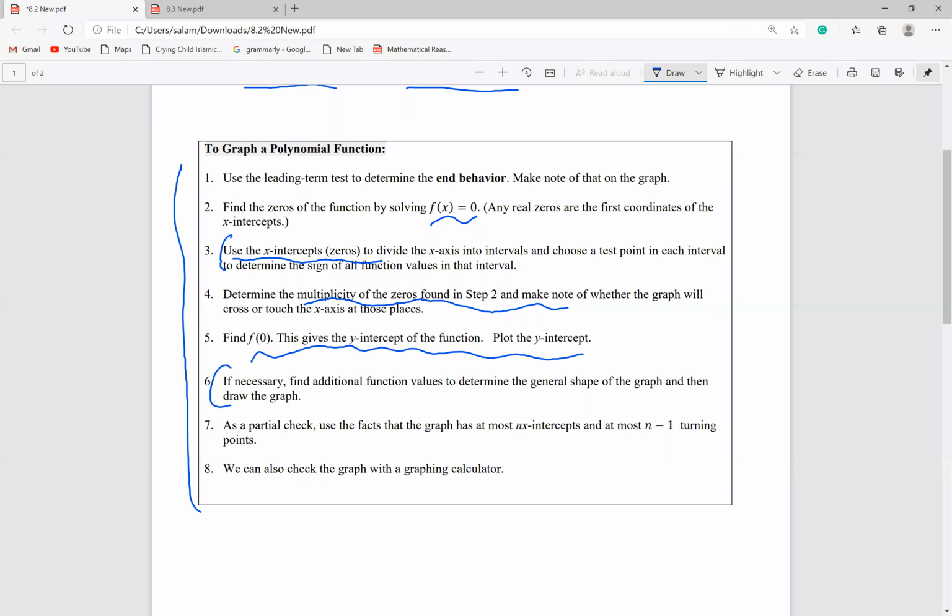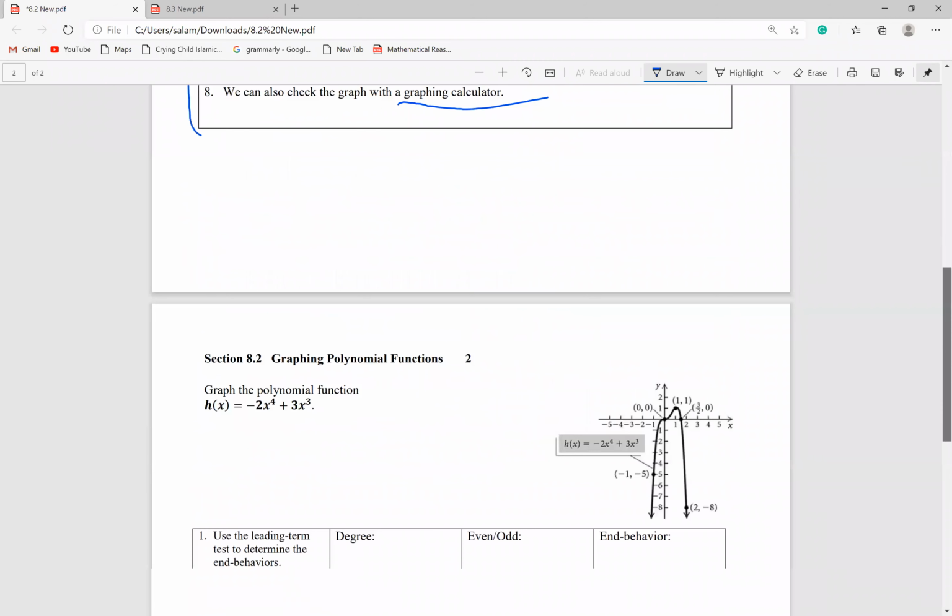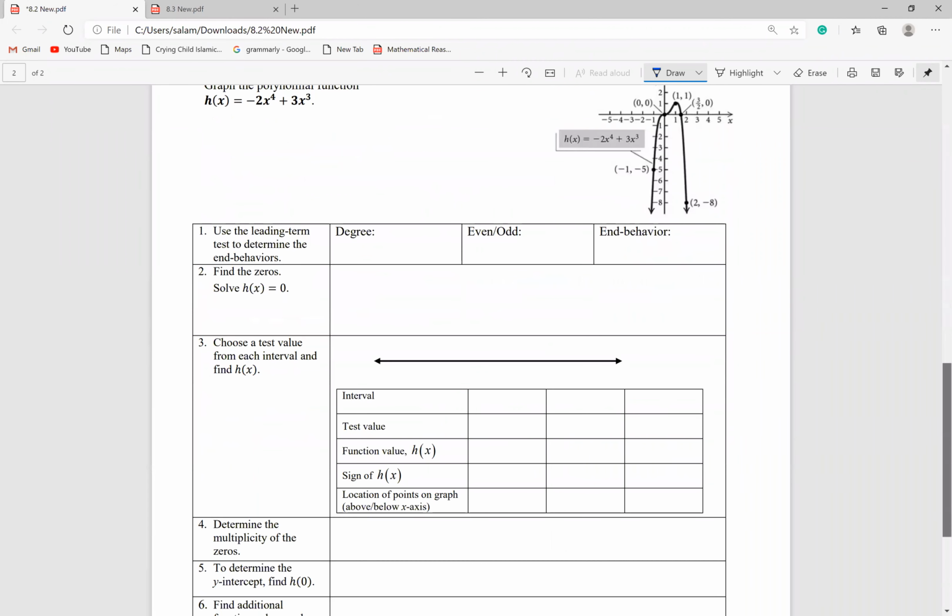As a partial check, you can use the fact that you have at most n x-intercepts and at most n minus 1 turning points, and you can confirm using a graphing calculator. All these are just giving us hints, so let's try to apply them in the following example.